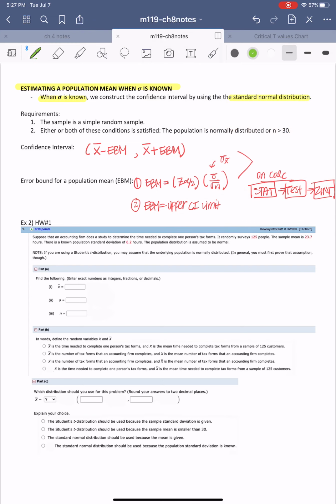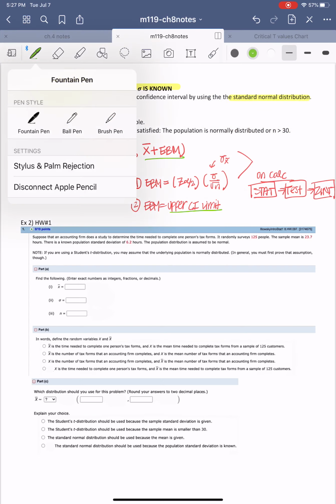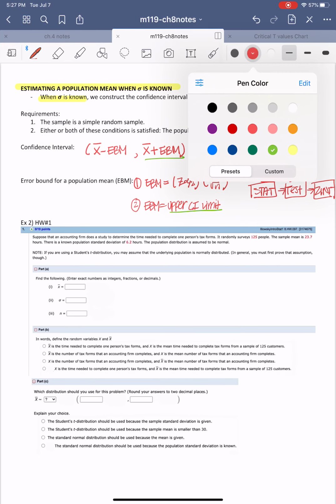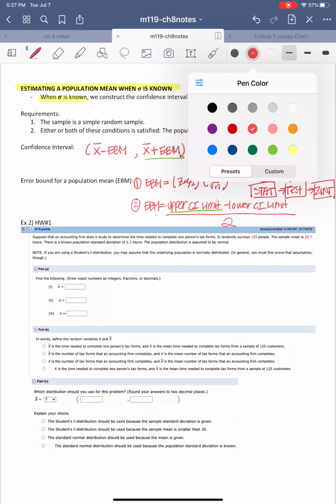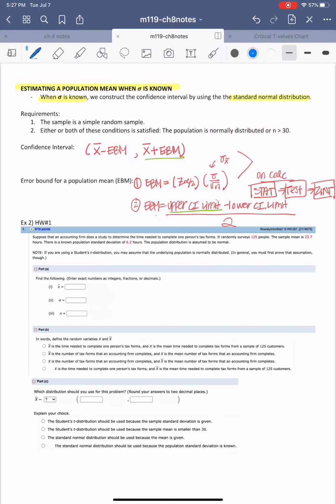So let me underline this part, minus the lower confidence limit, all over 2. Okay, so you take these two numbers, subtract, and divide by 2, which will also give you EBM.